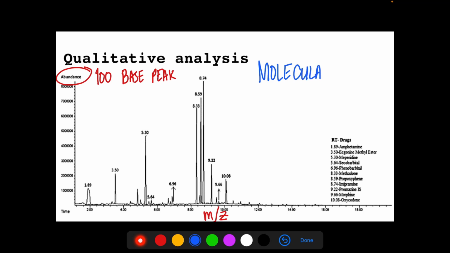However, the lower mass ions are considered fragments from the molecular ion, assuming that the sample is a single pure compound. Another one, these are the RT of the different drugs. This number corresponds to its peak here.